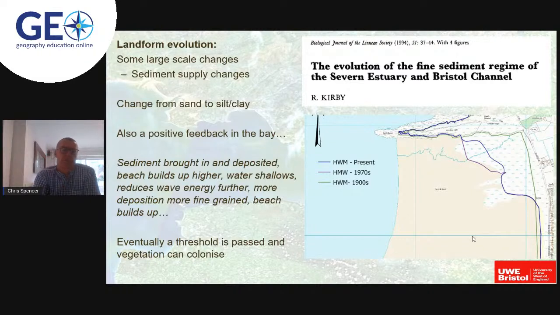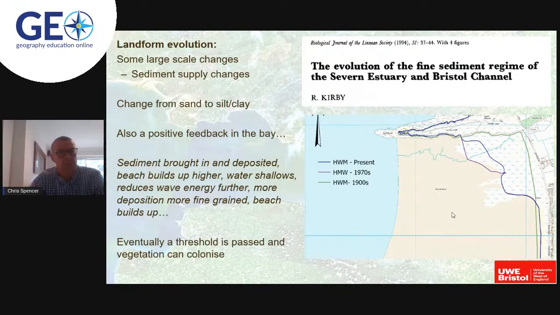But I think we've also got a positive feedback active here, that within this wide bay, sediments are being brought in and deposited. It's a depositional environment. And as this beach builds up with sediment, the beach height gets higher. And as a result of that, the water gets a little shallower. So waves lose more of their energy. Because the waves lose their energy, they deposit even more sediment. So the beach builds up, the water gets shallower, and so on.